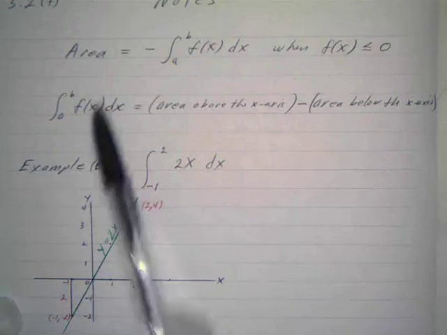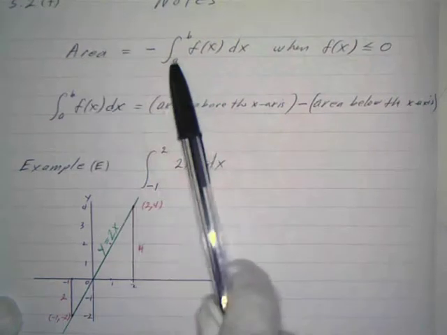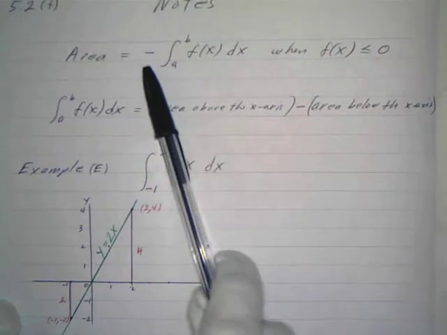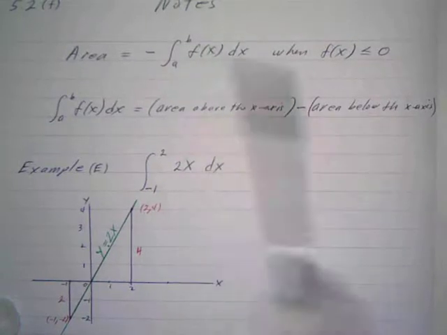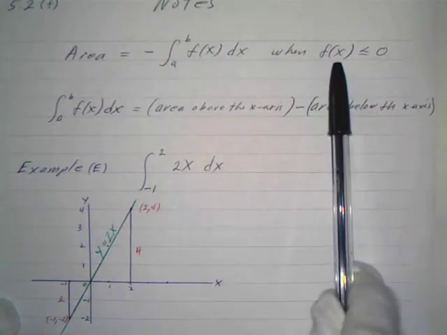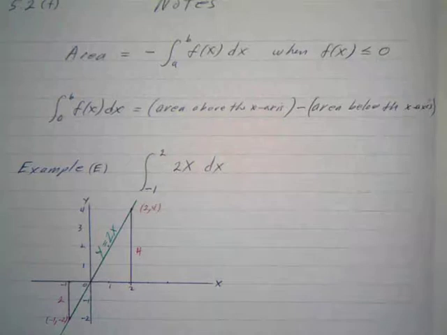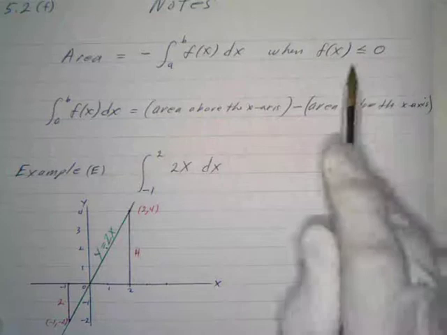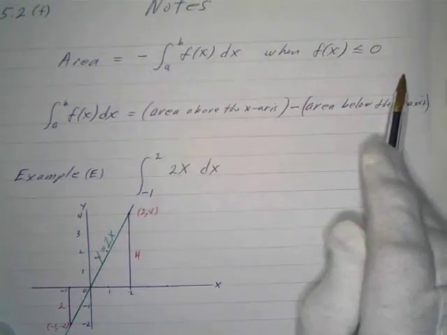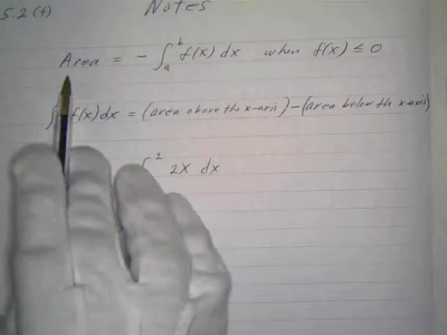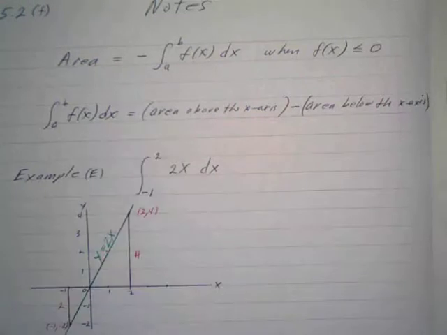Okay? So the area equals the negation, or the negative, of the value of this definite integral when the definite integral is less than 0. In other words, when the curve is below the x-axis, then the area that you have will be the negative of the integral.